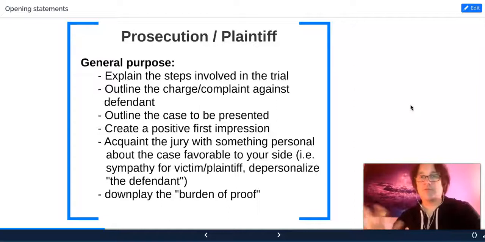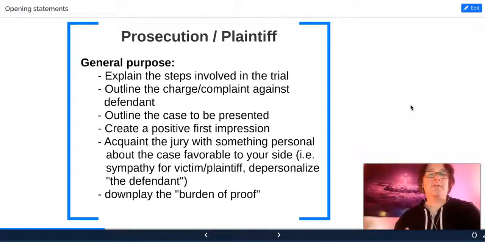Don't put too much pressure on yourself, because that might make you anxious, but be confident in terms of speaking to the jury, and since we're doing this remotely, you're going to want to make sure that you're looking into the camera when you're making this statement.